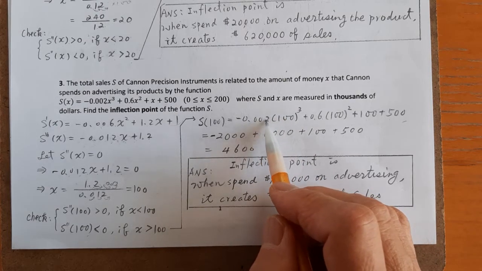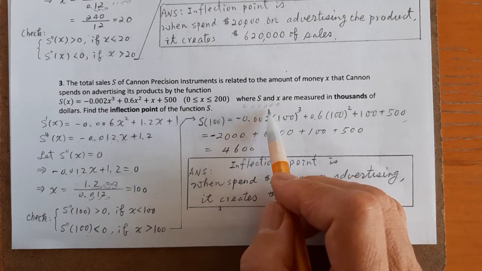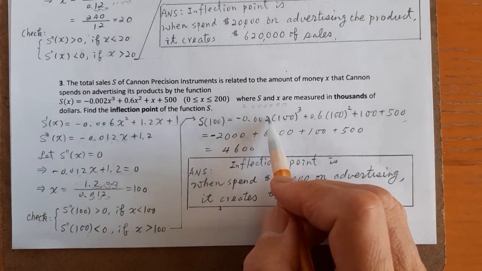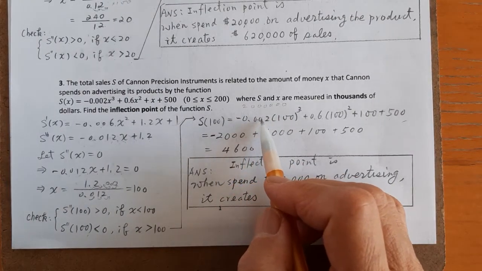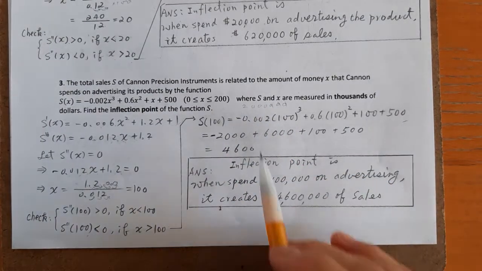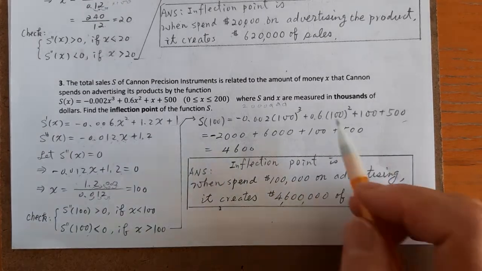Then times 2, so you get 6 zeros. 1, 2, 3, 4, 5, 6 zeros. Then here, 1, 2, 3, 3 decimal digits. So you get 2,000, and the negative 2,000. Add this one.